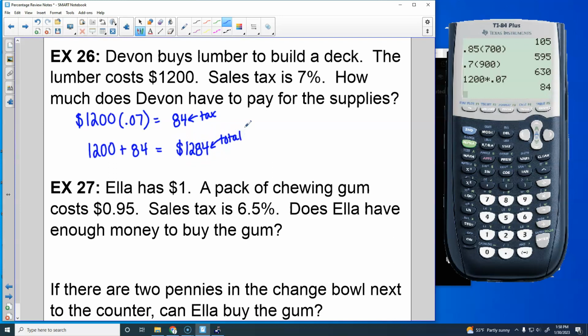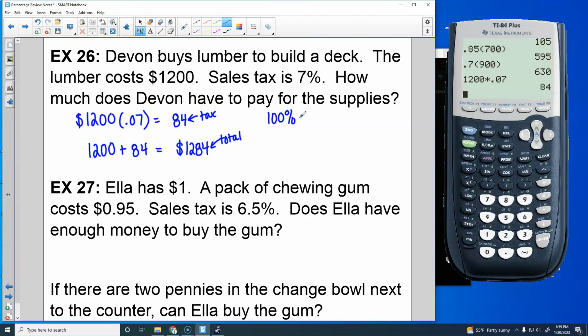All right, there is a quicker way. Just like we did with our discounts, there's a way that we can do this without having to do multiple steps. When you're paying sales tax, it's not taken away from the price you have to pay, but it's added to the price you have to pay, right? So you have to pay 100% of the cost. Sales tax is not a discount.